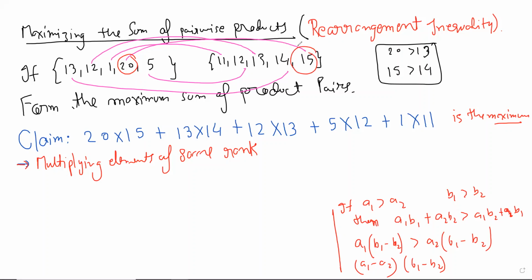And this is a greedy approach, right? You're just thinking in the short term and trying to make the max best. And it actually works. These kind of things don't always work, but this is a very simple situation, so it works. Multiplying elements of same rank and adding up gives a maximum. I mean, I shouldn't say adding up because this is already there in the question, but still, it gives the maximum.